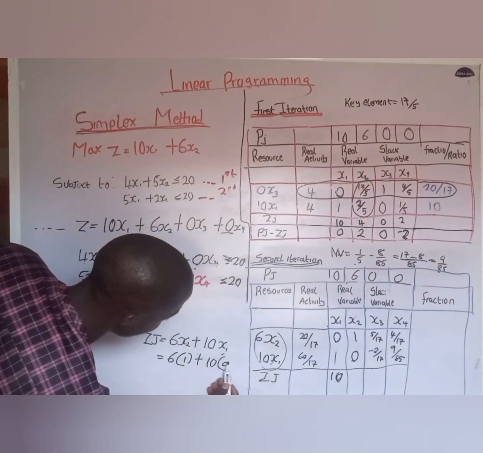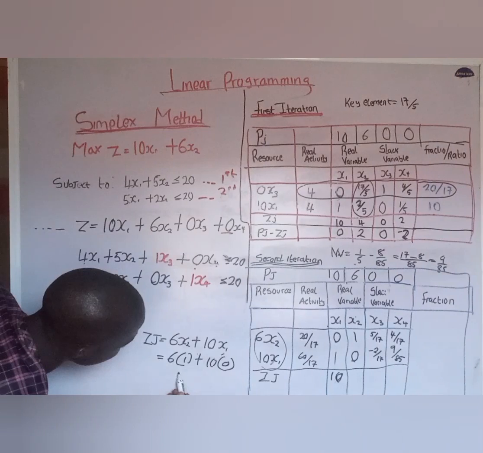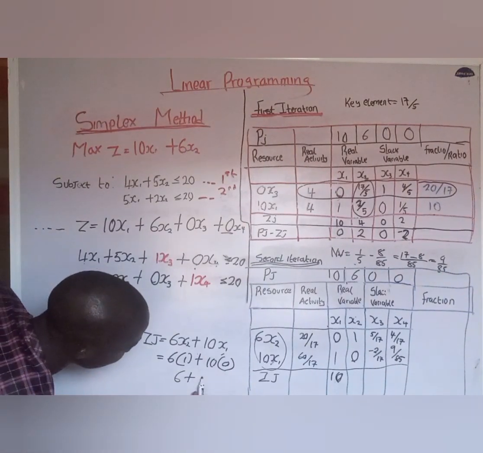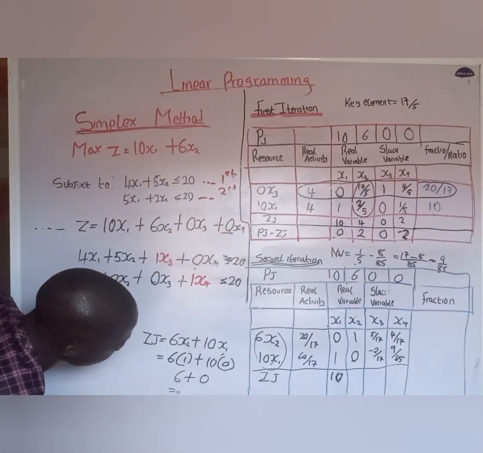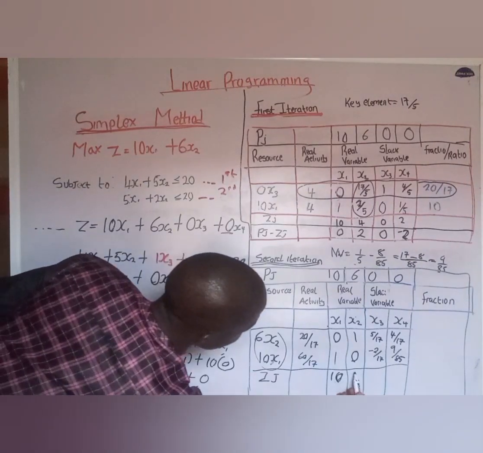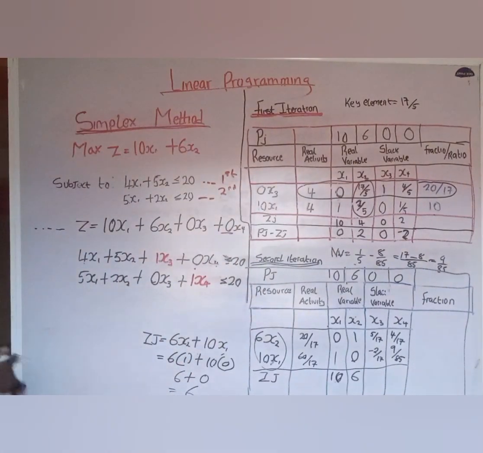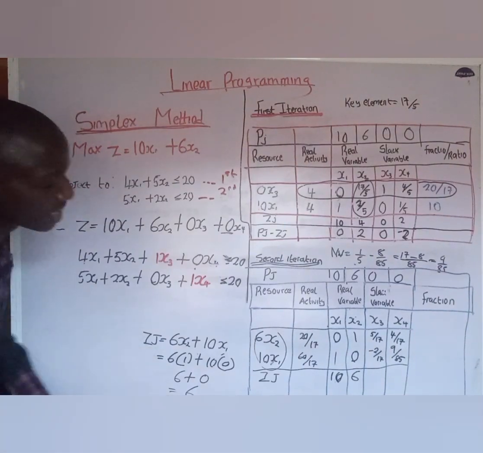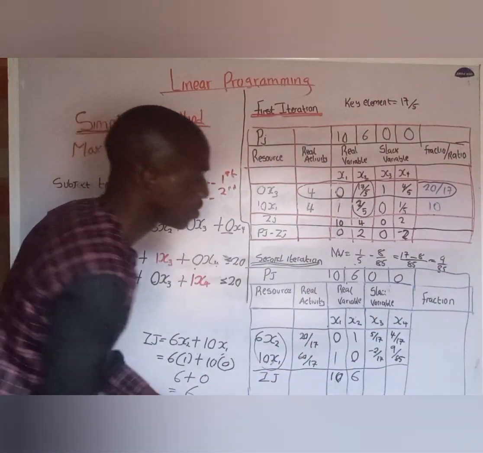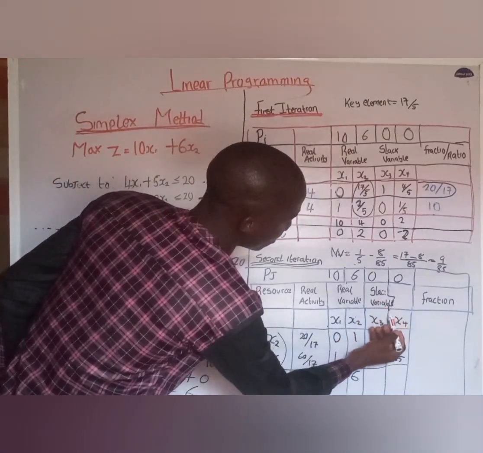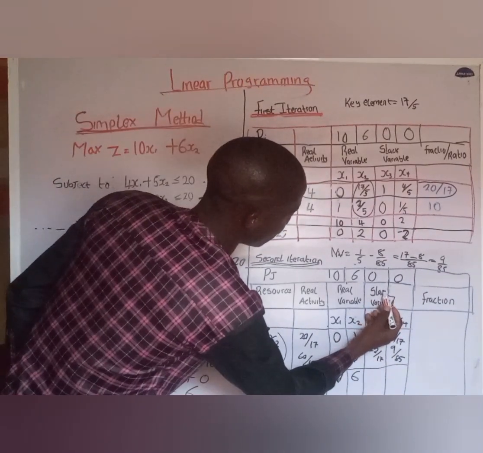So 6 times 1 is 6, plus 10 times 0 is 0. So the value of zj in that state is 6. Please, are you following me? Don't be confused at all. So in order to get the value of zj, let me put a line here for the slack variable.